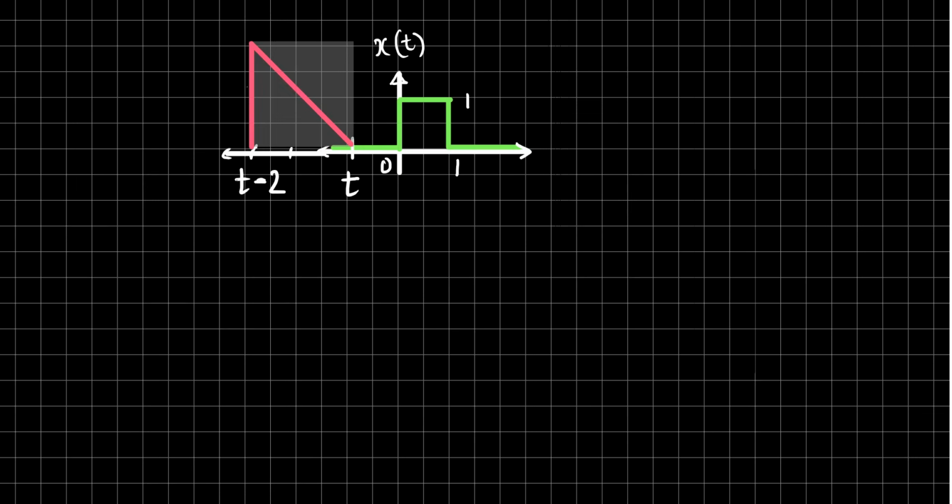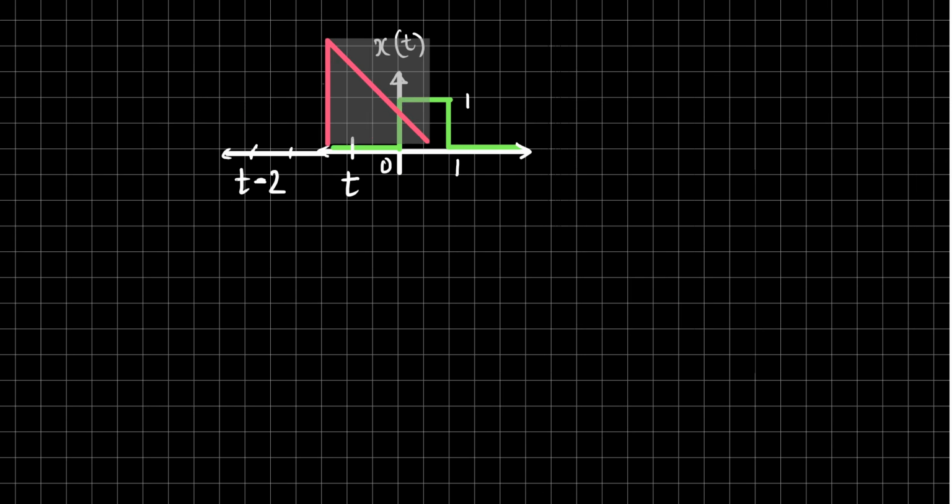So let's take the case where now the shift between these two signals, or the overlap, is complete. So it is greater than 1. Now we are considering the case where the overlap is greater than 1. So let's take the case here.